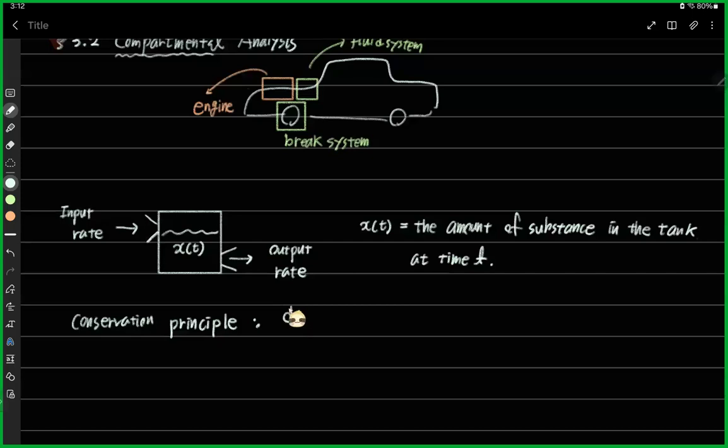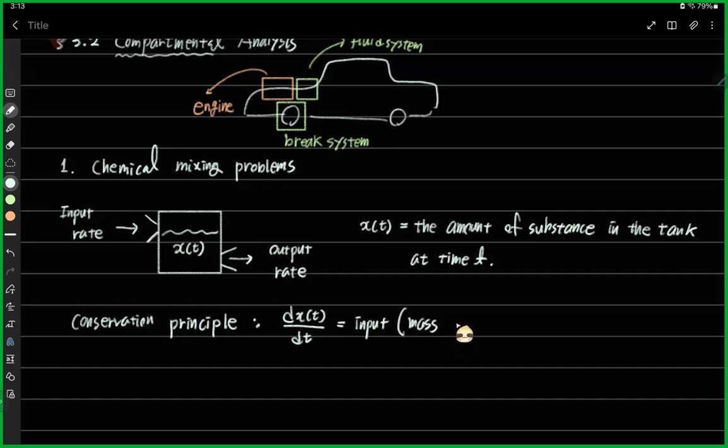The conservation principle says that, in this problem number one, chemical mixing problem, dx/dt, the infinitesimal rate of change of the substance, must be equal to the input mass flow rate minus the output mass flow rate.